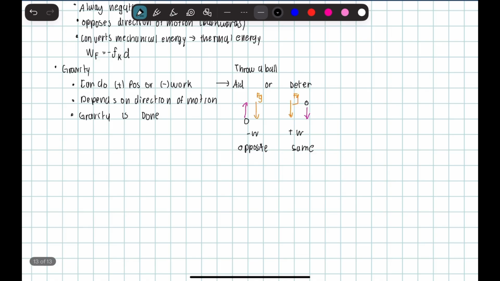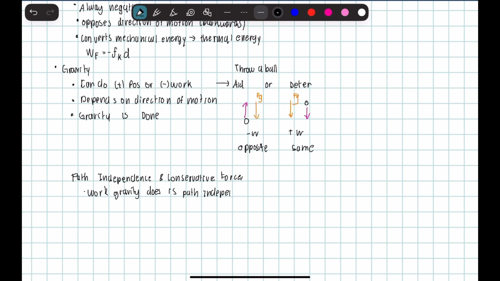So now let's talk about path independence, and also conservative forces. Something you need to know is that the work gravity does is path independent.